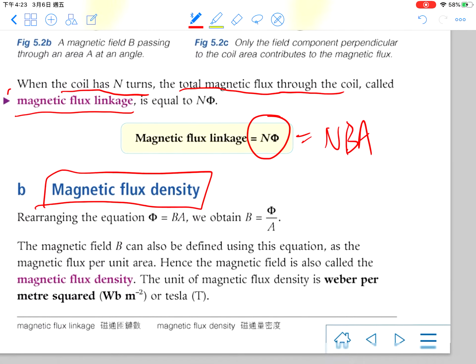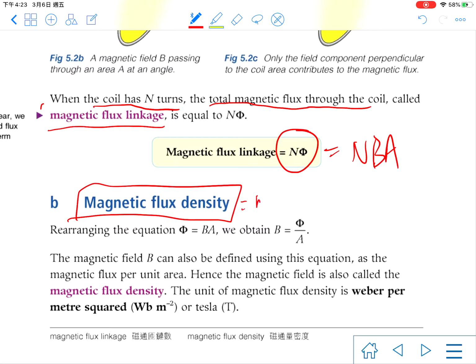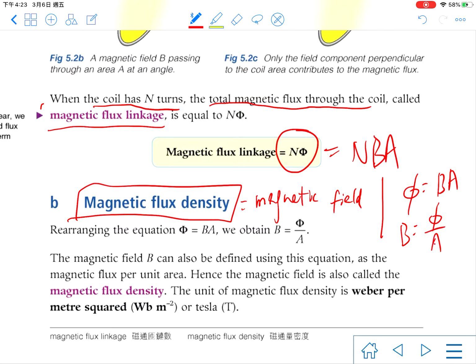Magnetic flux density. Now, it's a name which means magnetic field, B field. As we know, phi equals BA, so B equals phi over A. We call this magnetic flux density, magnetic flux per area. The unit would be Tesla, B field, right?